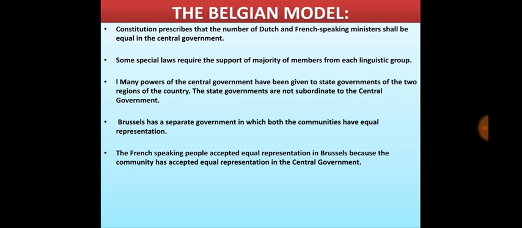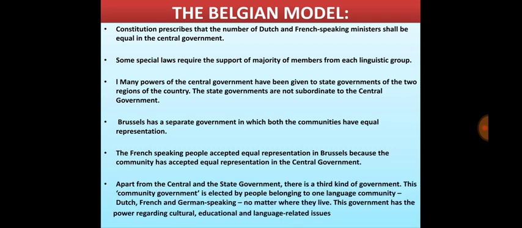Dutch will elect Dutch, French will elect French, and German speaking will elect German speaking. No matter where they live, the government has power regarding culture, education, and language related matters. They have their separate jurisdictions.